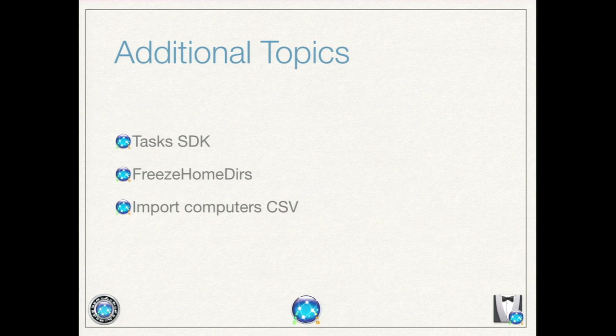And then import computer CSV, when you download the installer for DeployStudio, on that disk image there's an extras folder, and within that extras folder is a template CSV. There is one caveat here. I've seen a couple of times where they've added features to DeployStudio and forgot to add the additional columns to that CSV. So just kind of pay attention to that, but it's a great way to do a bulk import of computers into your system, especially again if you do a pallet of brand new computers.